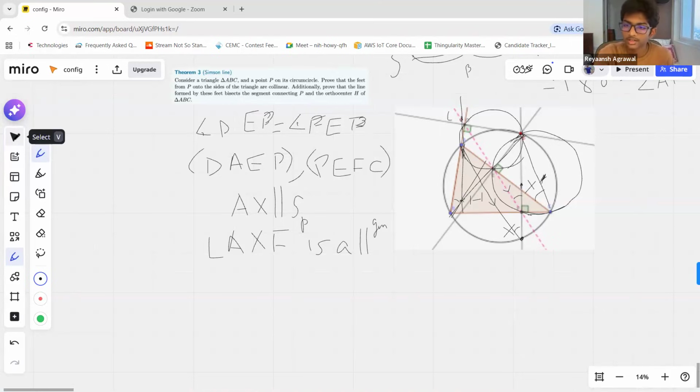Yes, that's right. The reflection of an orthocenter lies on the circumcircle. So X prime is the orthocenter of triangle PBC. So now I'd like you to show that AHX'P is a parallelogram.